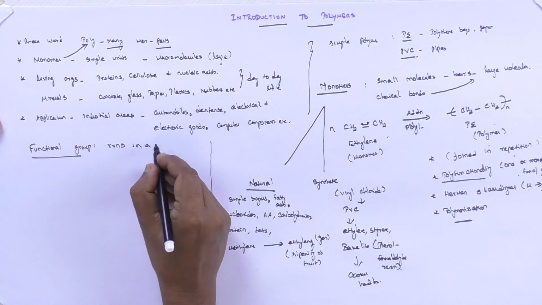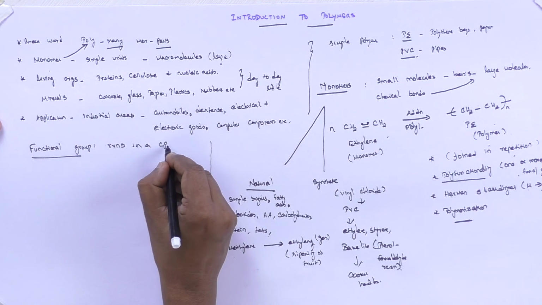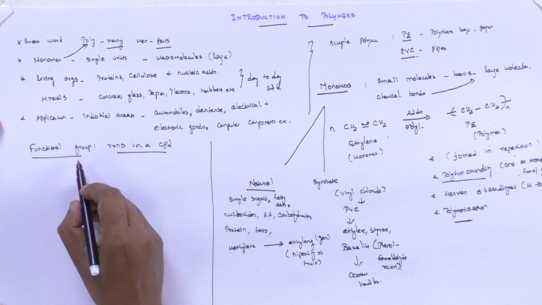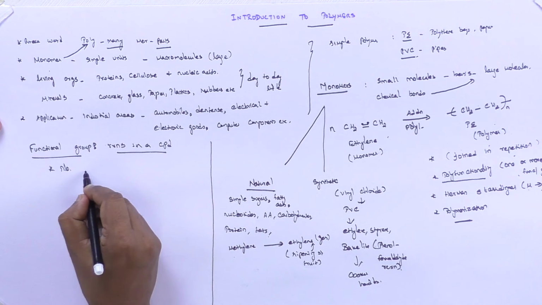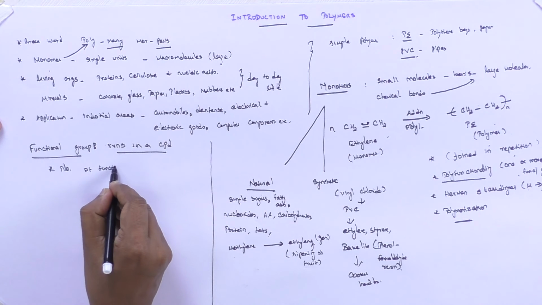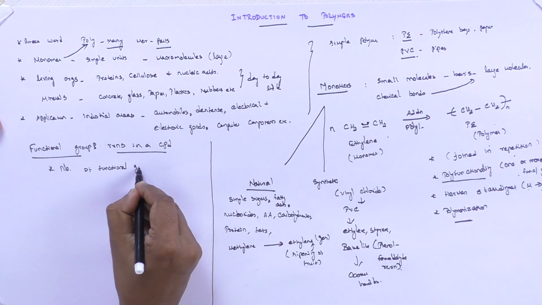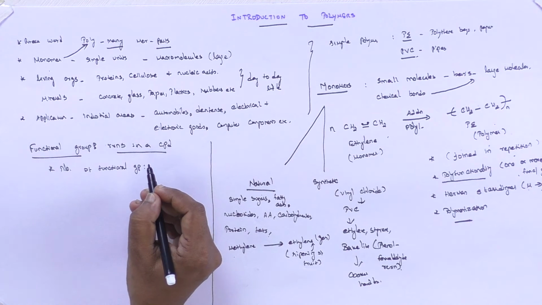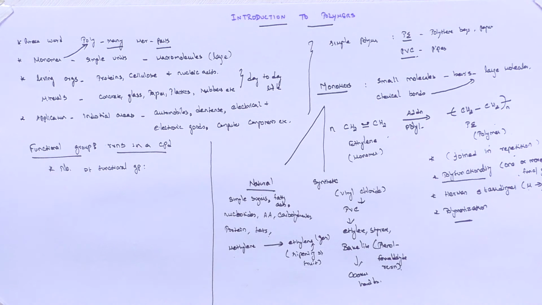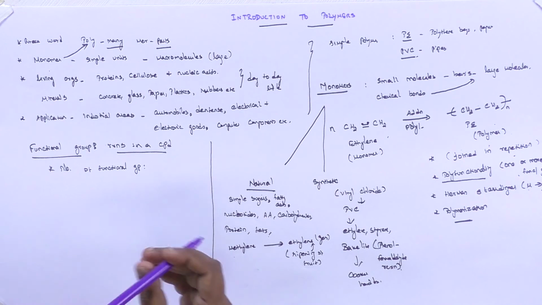So the reactions in a particular compound depend on the number of functional groups that are present. Let us take examples. What are the examples of functional groups? NH2.